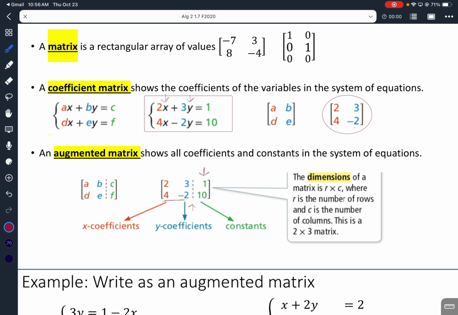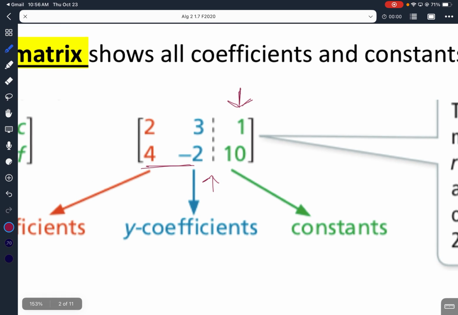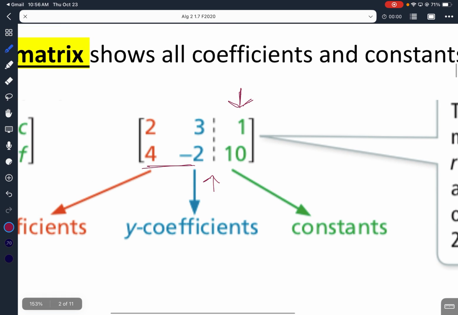It just puts the two together. Let me see if I can zoom in. Can you see that better? So that dotted line is what connects the coefficients to the solutions.